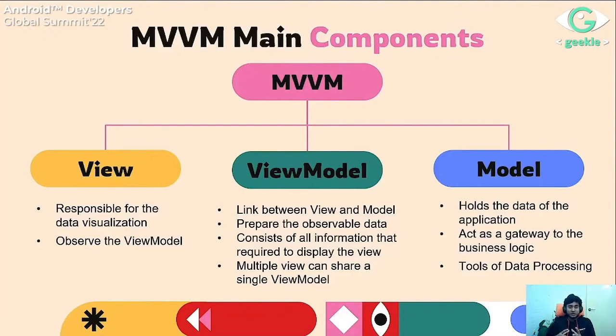The view model is mainly the link between the view and the model. The view model observes the data from the model and delivers the data to the view. So basically, it prepares the observable data consisting of all the information required to display the view. As I said, the view model performs the presentation logic, like how data needs to be shown, so it will process those things. And multiple views can share a single view model using a shared view model.